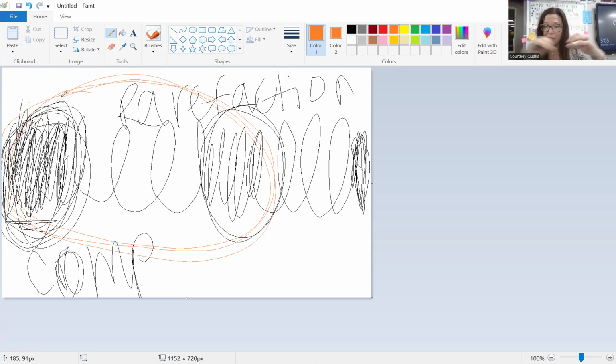So it's compression and then the rarefaction there, and then compression, rarefaction, compression again. It's like a sandwich. The compressions are the bread. So the two pieces of bread are the two compressions, and the stuff in the middle is your rarefaction.